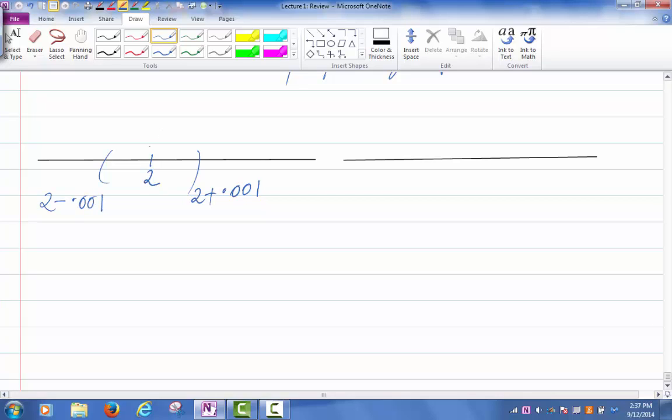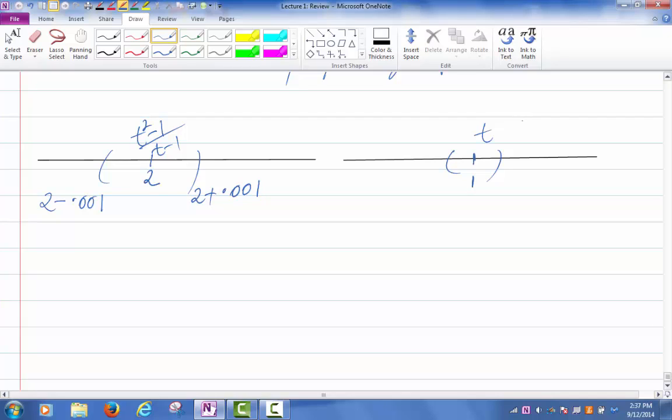Can I accomplish that by taking any t in a suitable small interval centered at 1? So can you find a very small interval centered at 1 such that whenever t is there, the ratio is within 0.001 of 2? If you could do that, then the limit is 2. Otherwise, the limit is not 2.